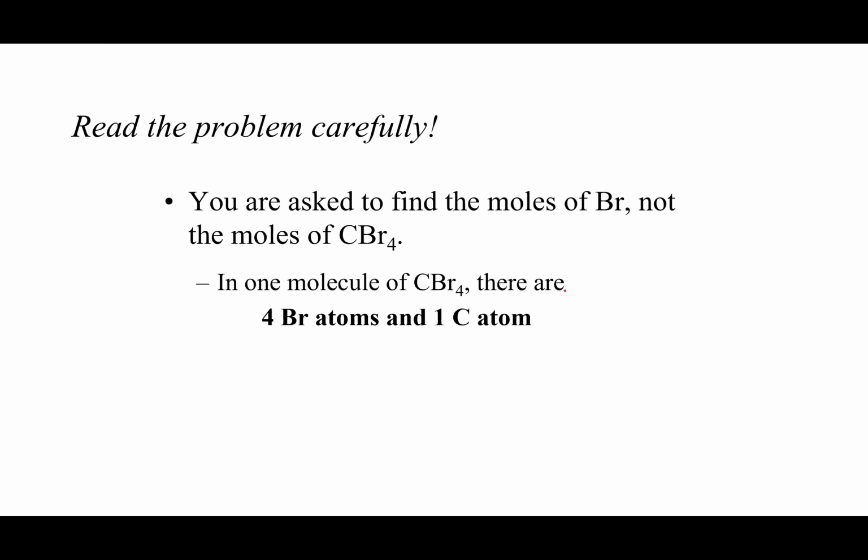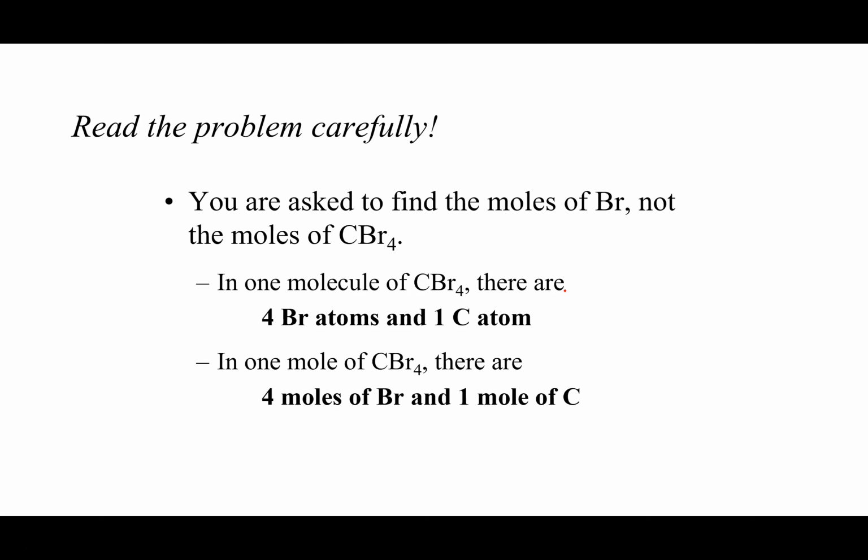Well, if we scale it up, a mole is a number. So in 1 mole of molecules, I have 4 moles of bromine atoms and 1 mole of carbon atoms. I got that just from the formula. That's it. So do you see where we can see some equalities here? I can come up with a nice equality.